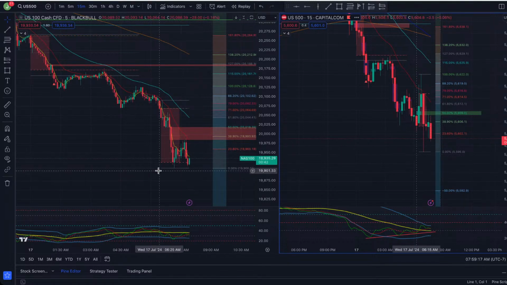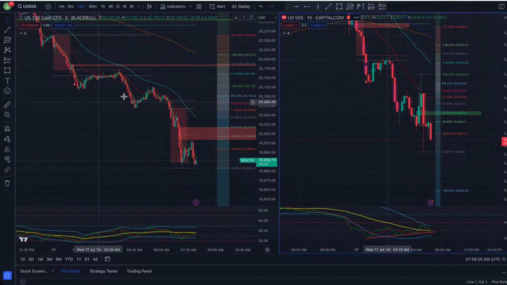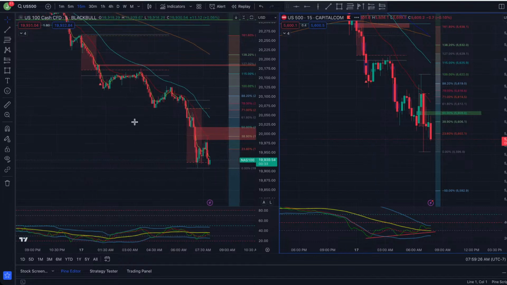Just waiting patiently to see confirmation. Right now our bias is bearish. On the left here we have US NAS 100. On the right we have US 500 or ES.